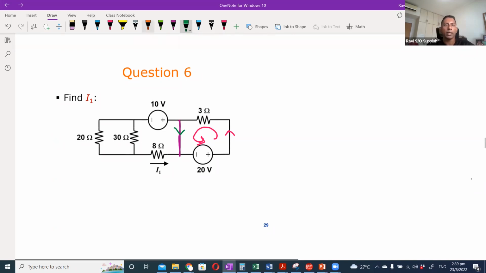That allows us to split this circuit into two separate portions.